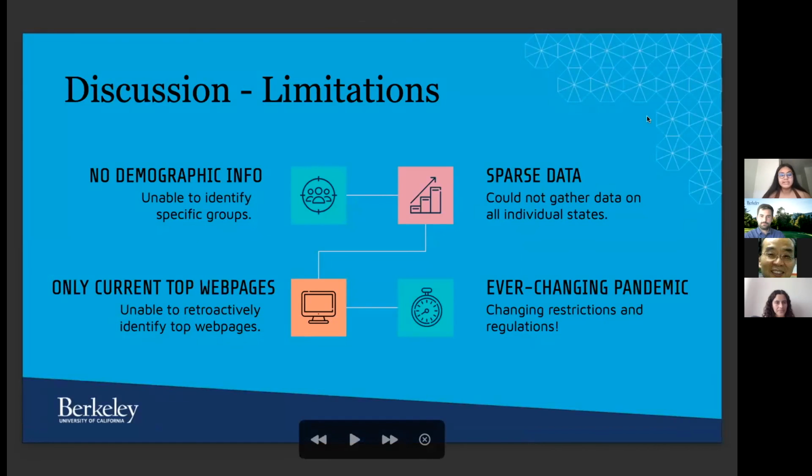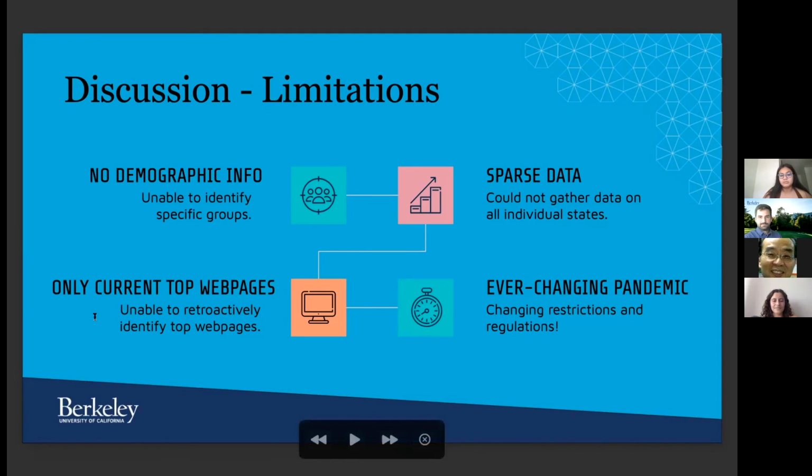And then a few limitations that we have are that we have no demographic info, so we're unable to identify specific groups, and we have sparse data. We couldn't gather data on all individual states because the API wouldn't output anything when we got to a state with a smaller population, and only current top web pages.